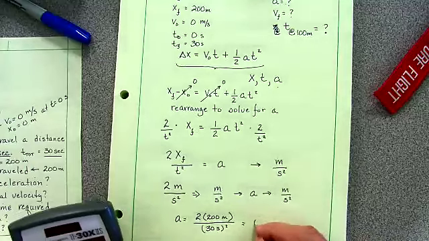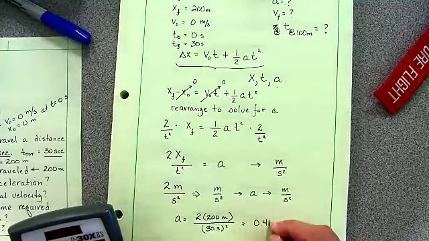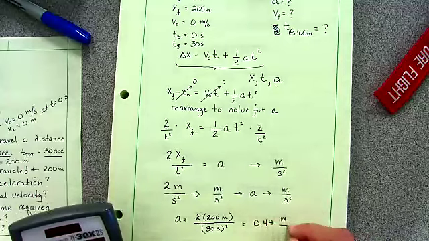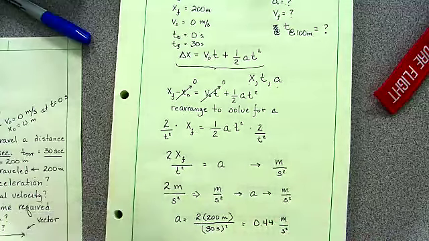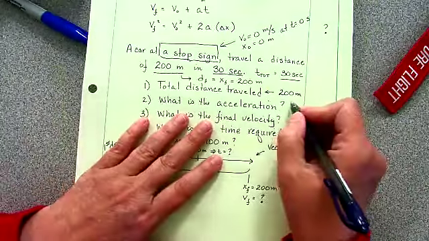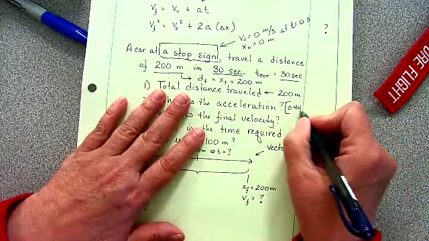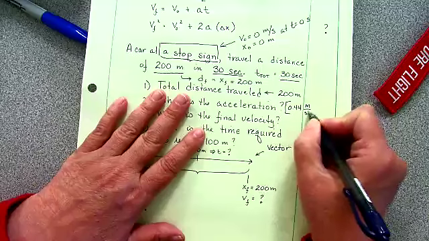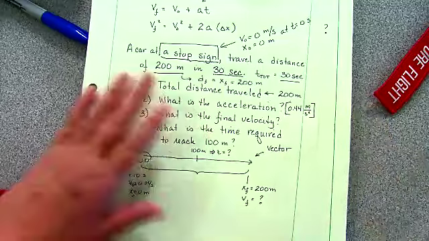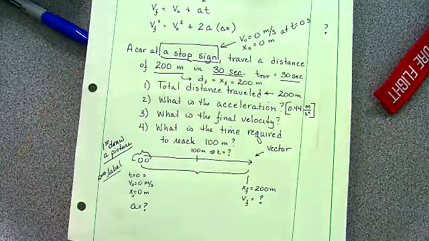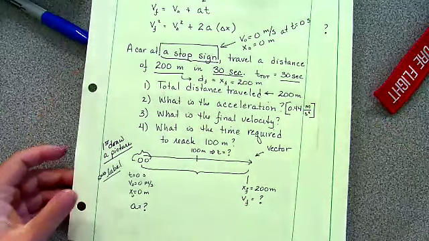And then this gives me 0.44 meters per second squared. So now I've got my acceleration, and we can type that in, 0.44 meters per second squared. So we've solved for acceleration.